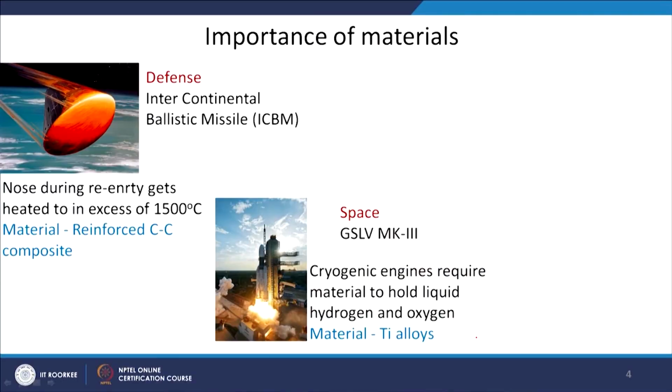So, again you must have heard about GSLV Mark III, okay, recently launched with a very high payload and large number of satellites. Okay. And again, for developing this kind of rocket, there were other rockets already developed which were working on the solid propellants. Okay.